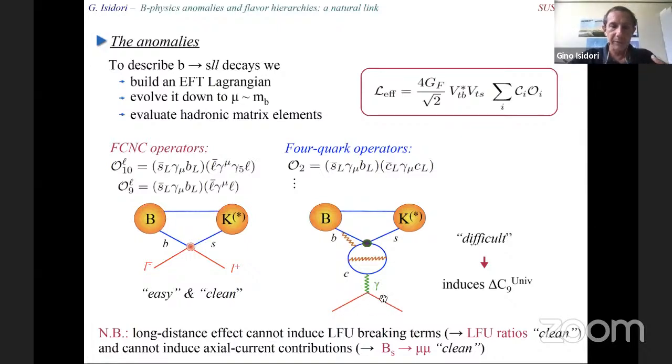This is why we say effectively these dynamics can induce a universal shift in C9, which is the effective coupling of this operator. You cannot affect the axial current operator, and you cannot make a difference between electrons and muons. So this long distance effect, which we have discussed for years, keeps the LFU ratios clean, because it cannot affect these ratios, and also cannot affect Bs to mu mu, which also remains clean. So let's look at the clean observables only.